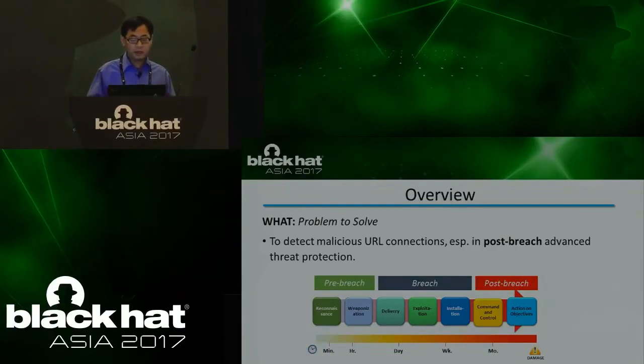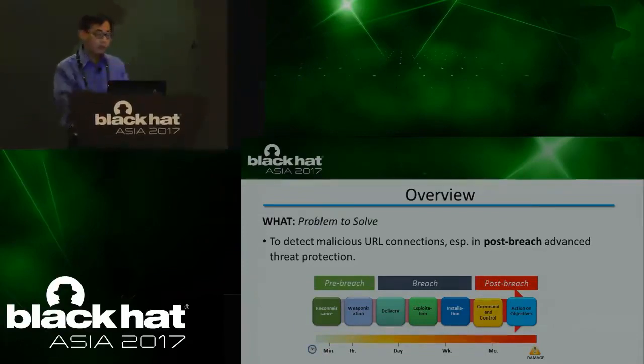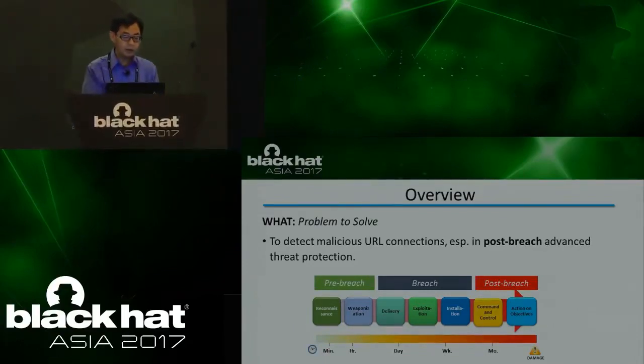We think the problem we want to address is to figure out an effective way to detect those connections. In this slide, I also put a diagram of the cyber kill chain. It defines 7 phases of intrusion. Seven is kind of a magic number here, as the keynote talked about 7 axioms.